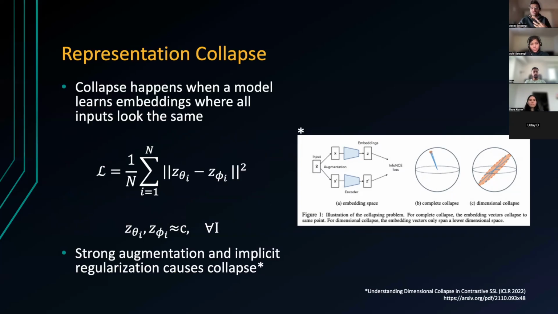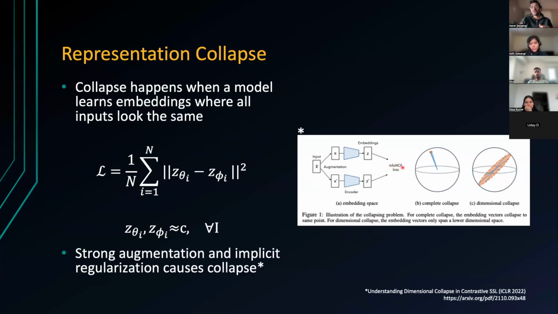Let's assume that your loss function is just L2 loss, and L2 loss would be just comparing two embeddings that you're getting out. So let's say you have an input right here, and one augmented part goes here, the other original thing goes here, and then you have these two embeddings, and you're calculating a loss on top of that.